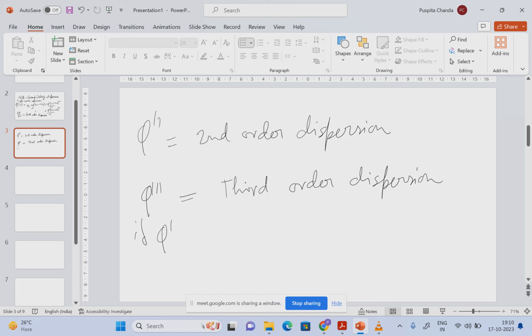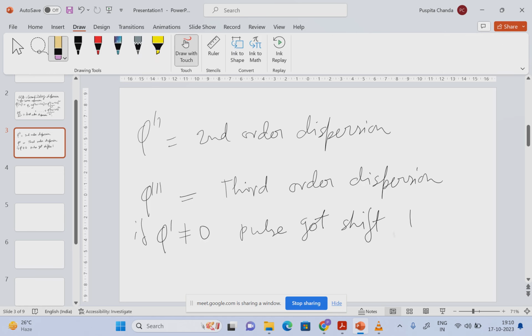If phi dash is not equal to 0, then the pulse gets shifted in time. If phi double dash is not equal to 0, the pulse gets broadened.